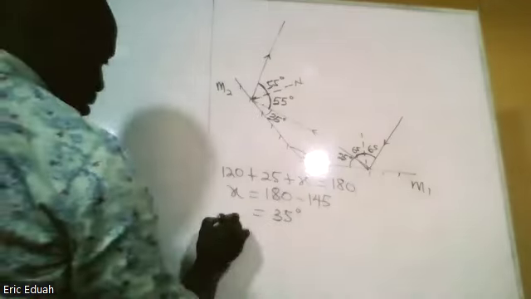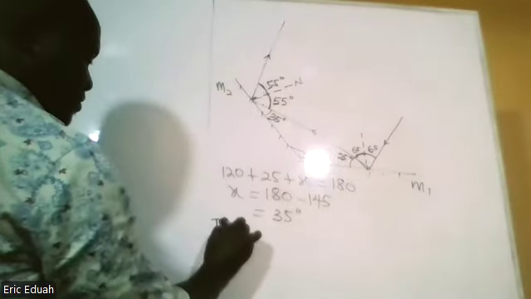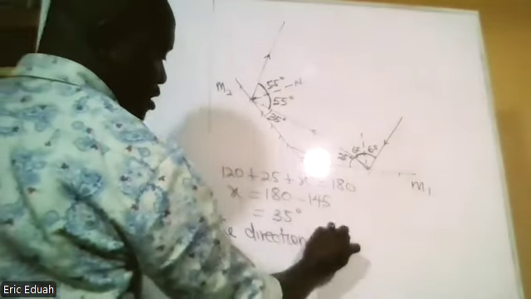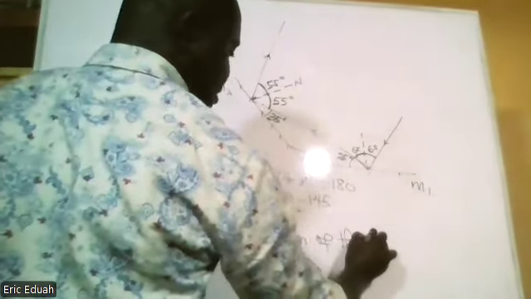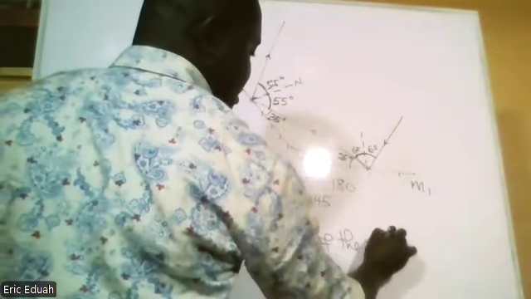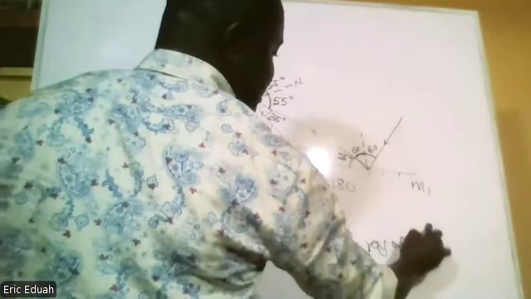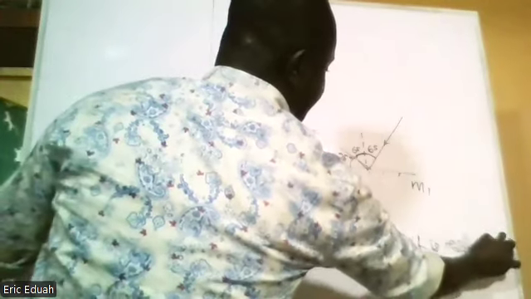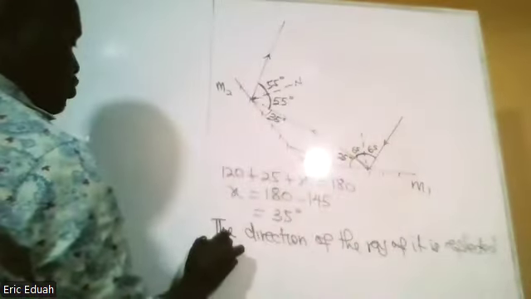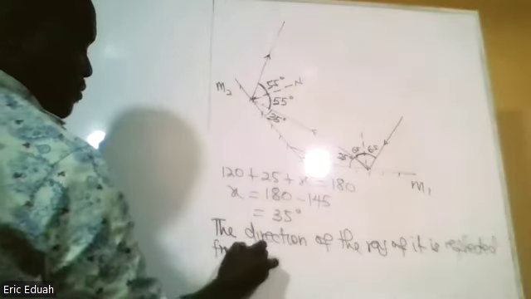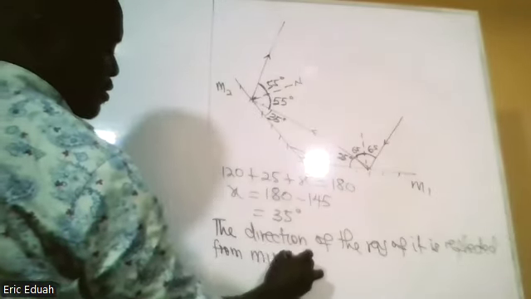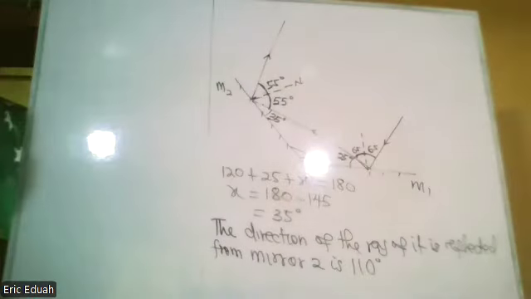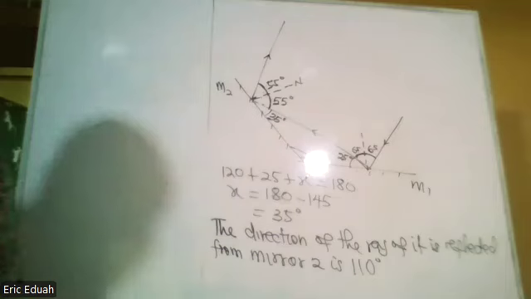So the direction of the ray after it is reflected from mirror 2 is 110 degrees, 2 times 55.